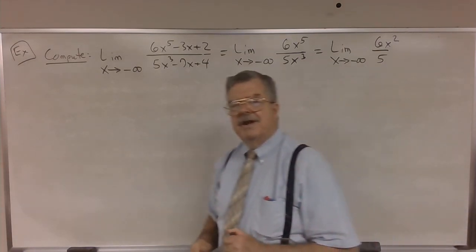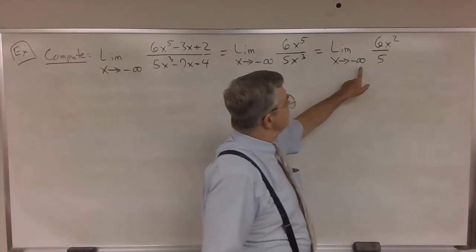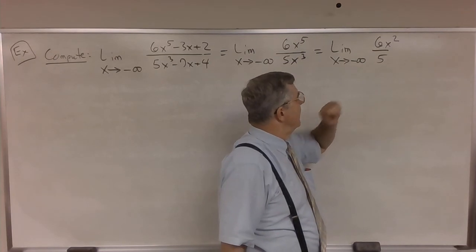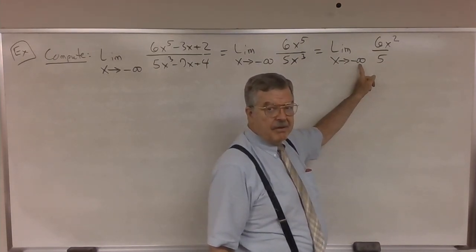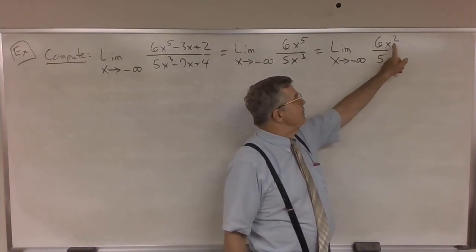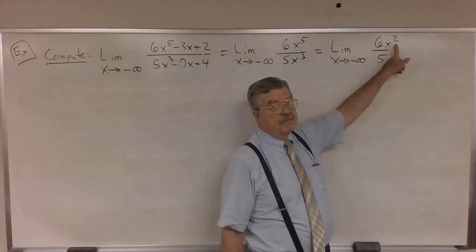Now I guess we're going to have to get philosophical. As x goes to negative infinity, x is negative and it's getting large without bound. So if x is negative and we square it, it's going to be positive, isn't it?